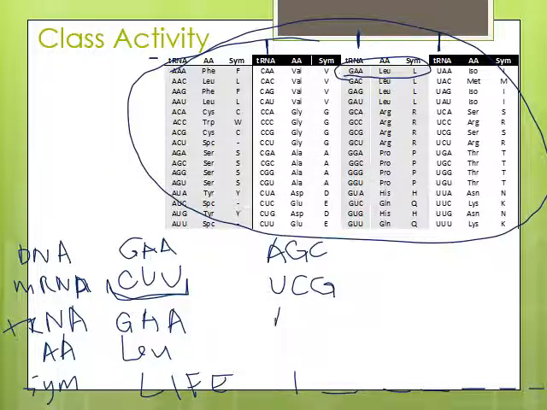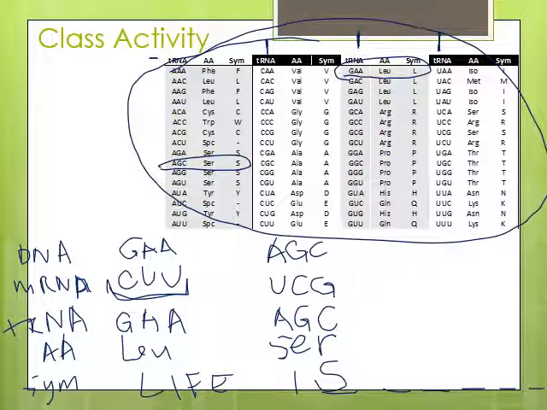So U goes with A, C goes with G, G goes with C. So we're at AGC. We're going to find AGC up here, which is right here. AGC is serine, our amino acid, and our symbol is S. So far we have life is blank.